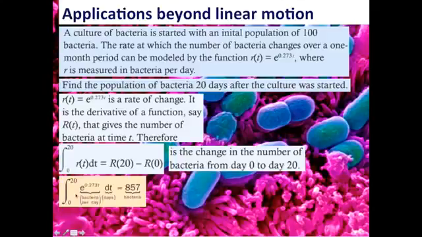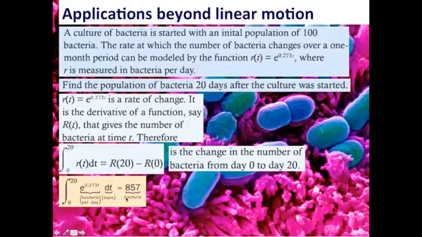So we have got our function here, which is e to the power 0.273t, and we integrate that with respect to t, and that gives us 857 bacteria.